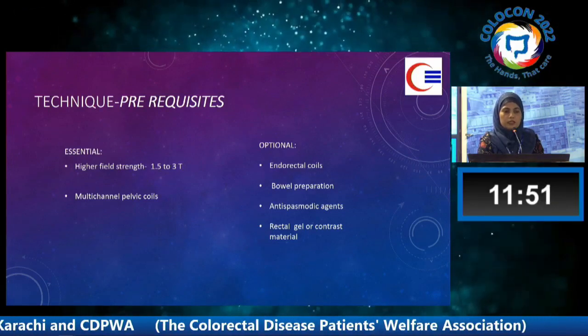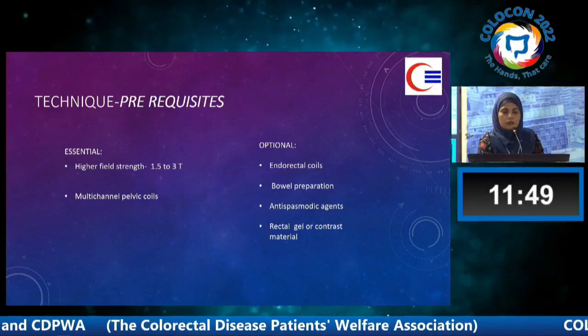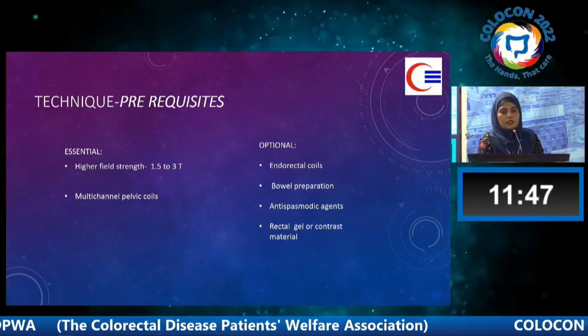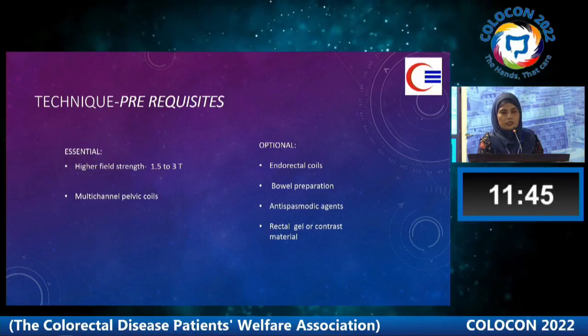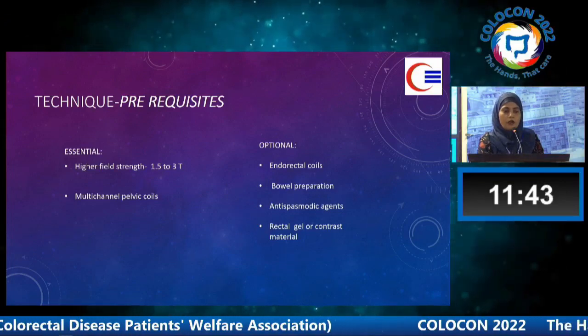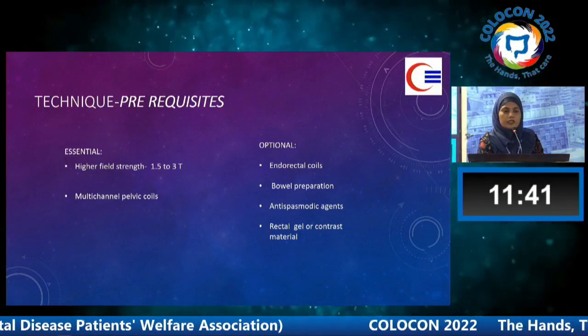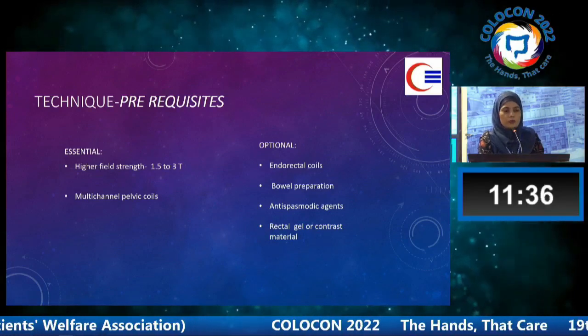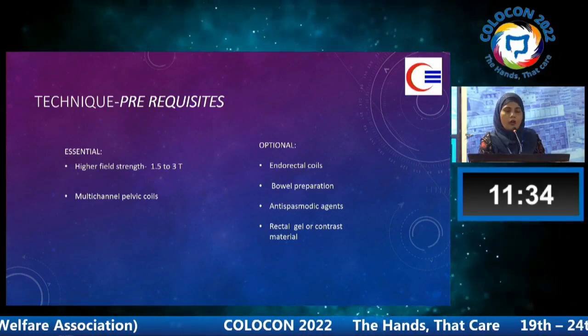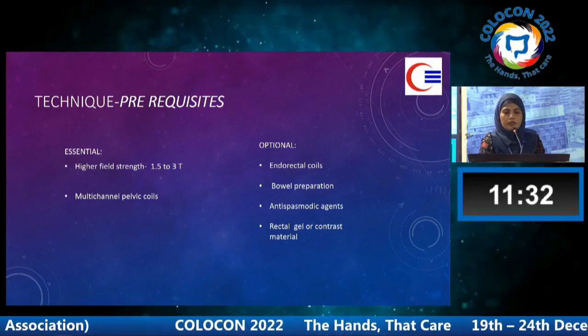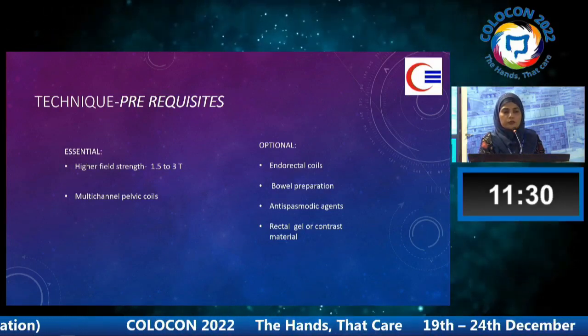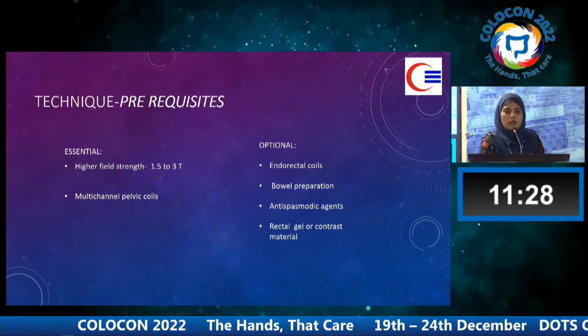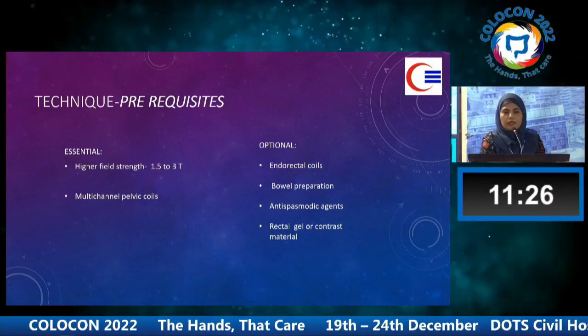Below this field strength, like 1 Tesla or below, we cannot differentiate the different walls of the rectum, and so staging is not appropriate. All high field Tesla magnets are provided with multi-channel coils, and these coils provide good imaging quality. Optional things are endorectal coil, bowel preparation, use of antispasmodic agent, or a rectal gel, but they are not necessary.